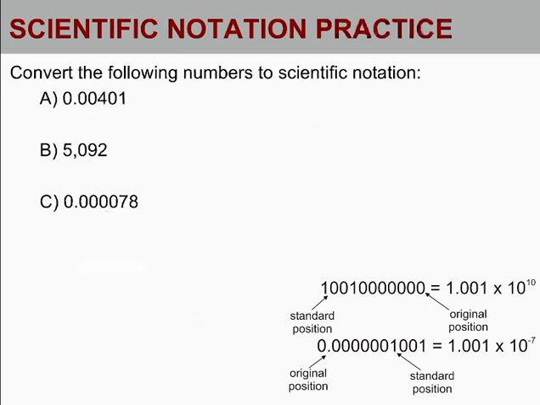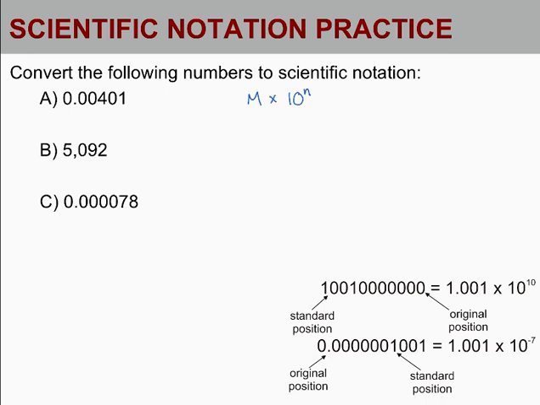So for A, we have a smaller number, 0.00401, and we want to write this in scientific notation. So first of all, let's figure out what our coefficient will be. And remember that we want to write this in terms of m times 10 to the n. And remember that m has to be a value between 1 and 10, but not equal to 10.